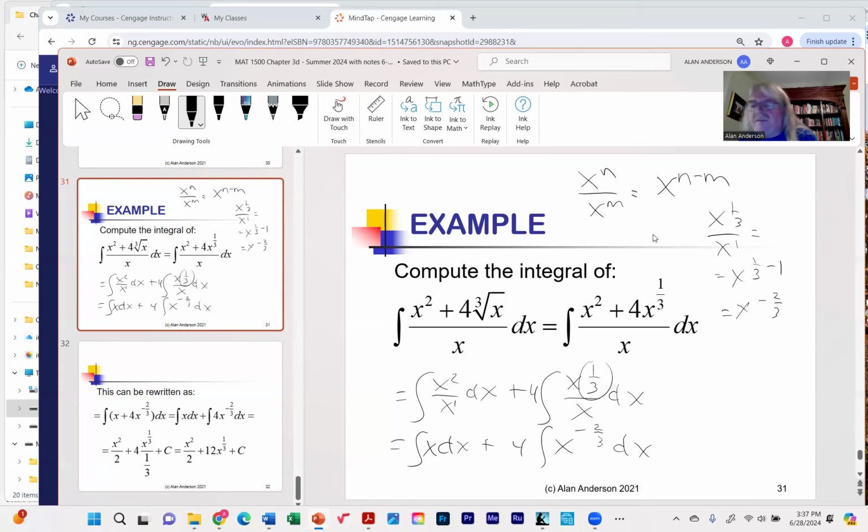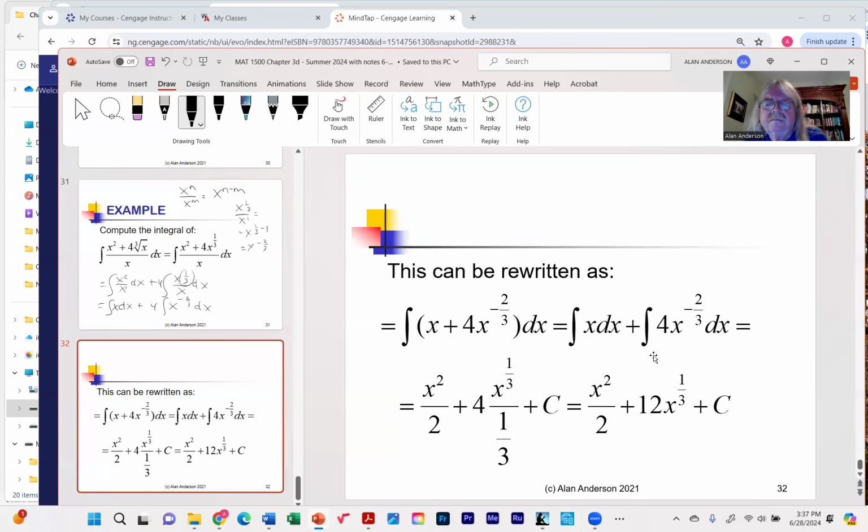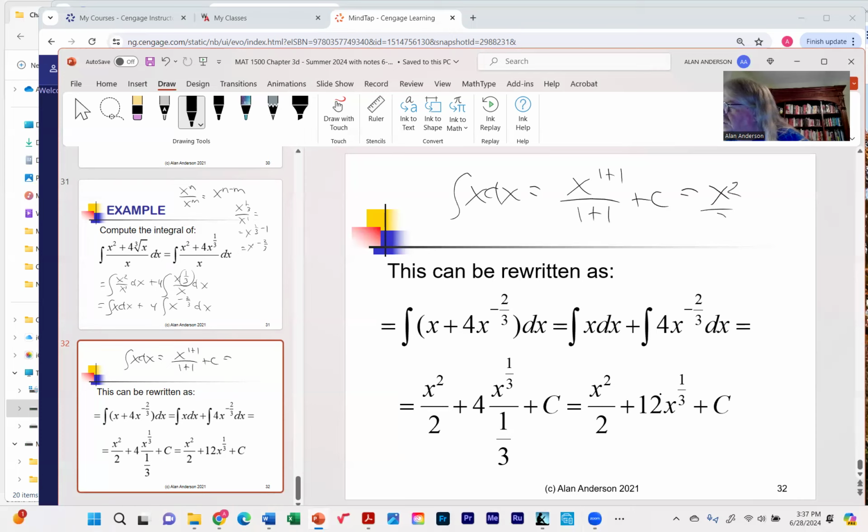Okay, now we can apply the power rule to each of those terms. So we get x squared over 2 plus c. Now don't worry about the c's. We can just put one at the end. And then the integral of this one, I'll move the 4 to the outside.